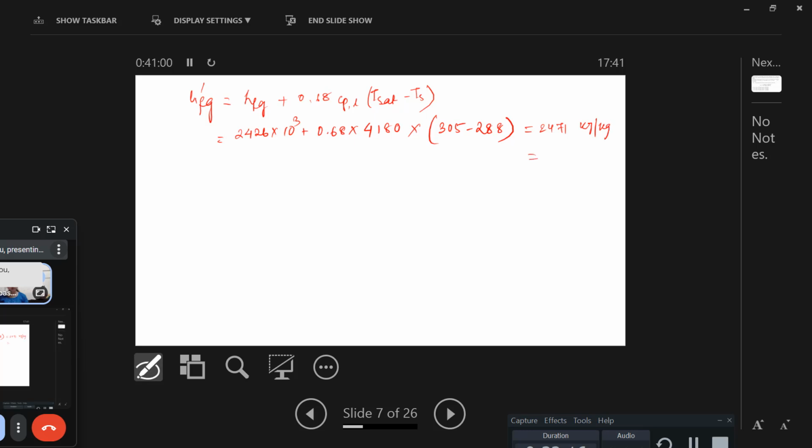You can also write as 2.4 into 10 power 6 joule per kg, right?